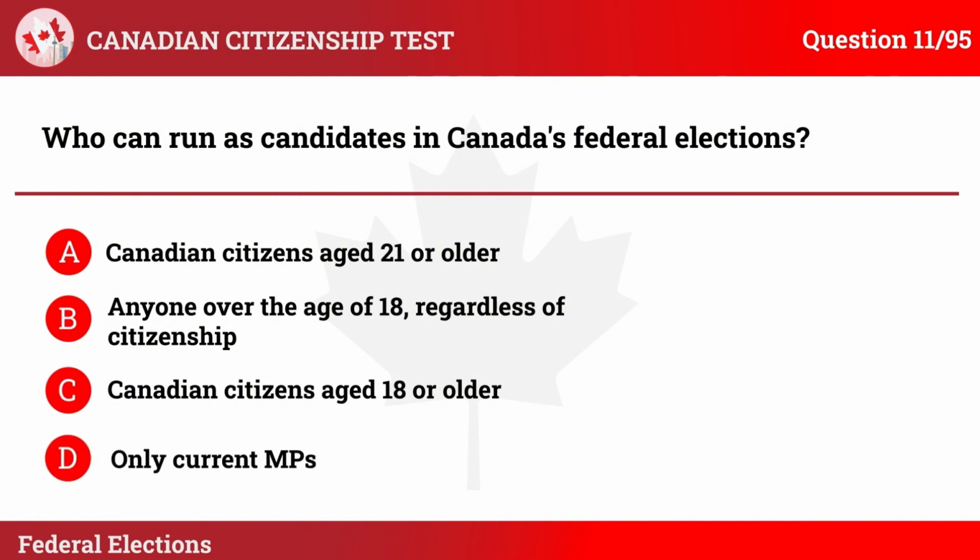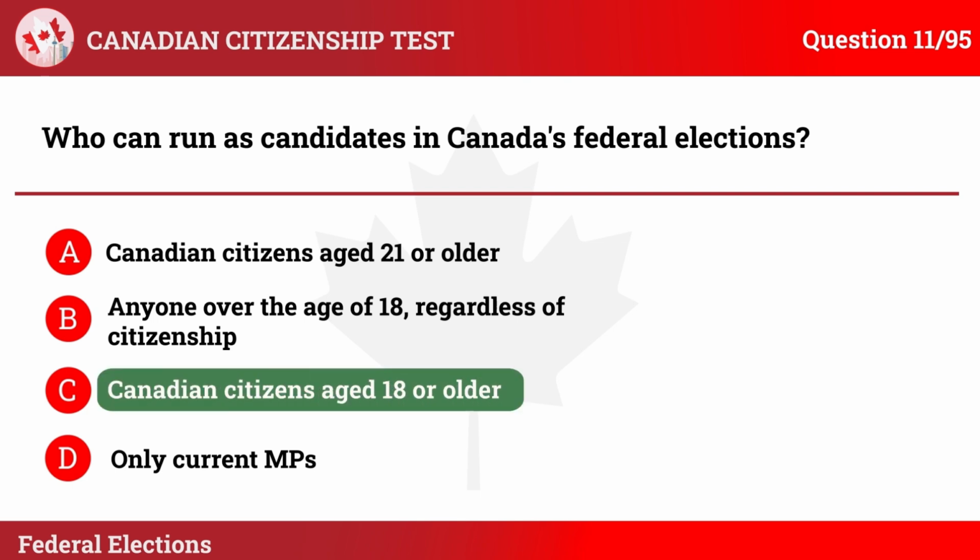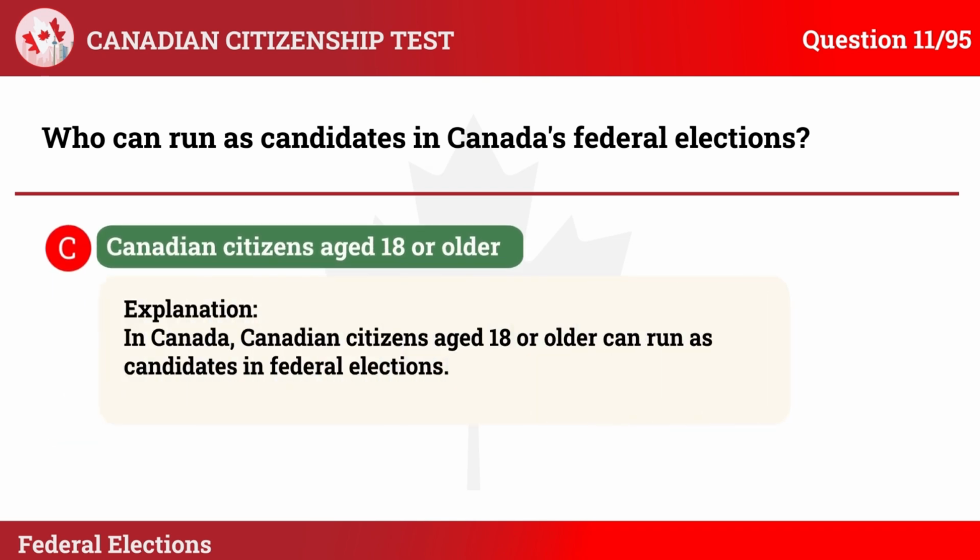D. Only current MPs. The correct answer is C. Canadian citizens aged 18 or older. Explanation: In Canada, Canadian citizens aged 18 or older can run as candidates in federal elections.